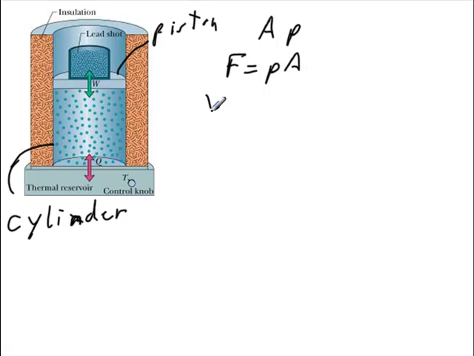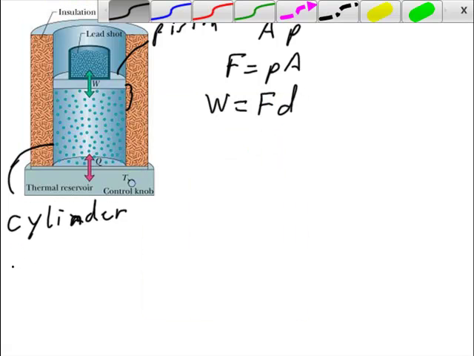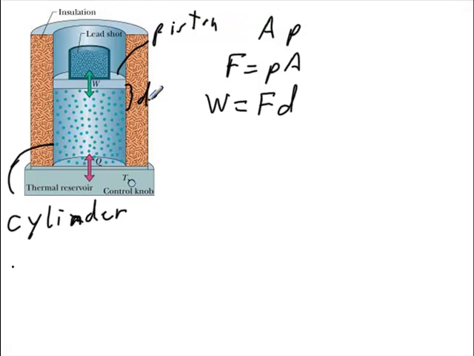And then the work is equal to force times distance, where that would be the distance up or down that the piston moves.